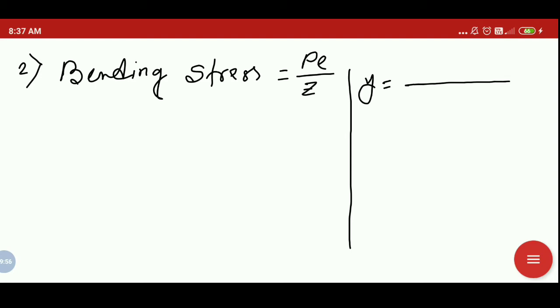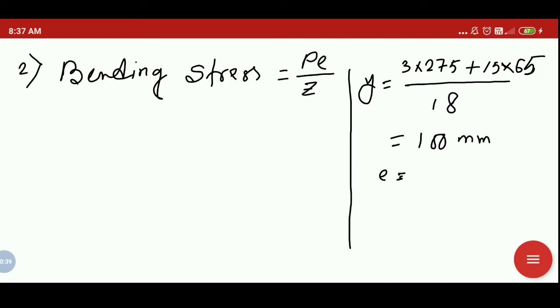So number of wires into distance, 15 into 275 plus number of wires into distance from the top, 3 into 65, divided by the total number, gives y equal to 100. e equal to d by 2 minus y, that is 150 minus 100 equal to 50 mm.